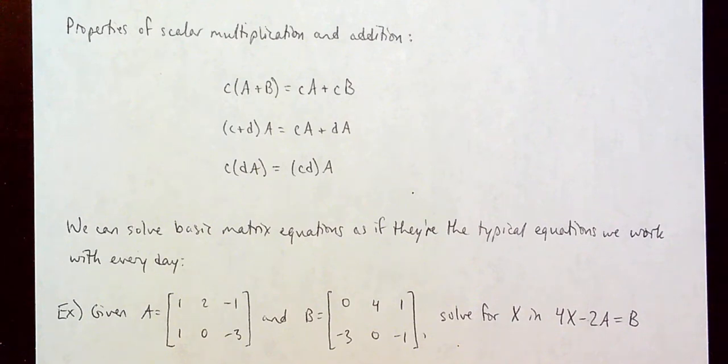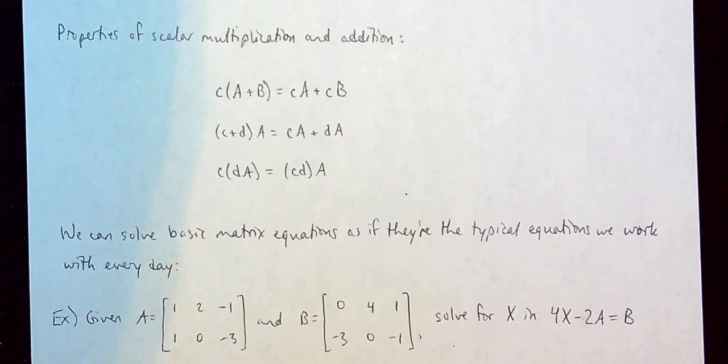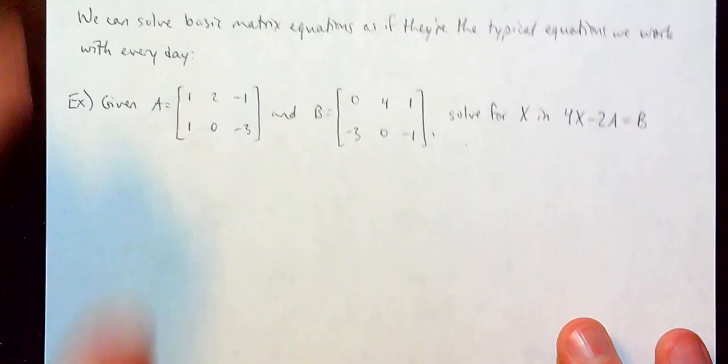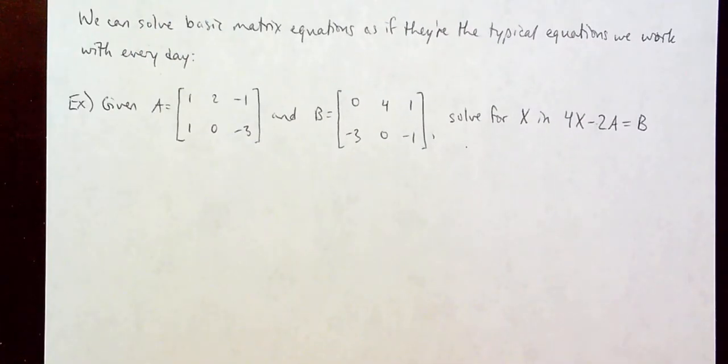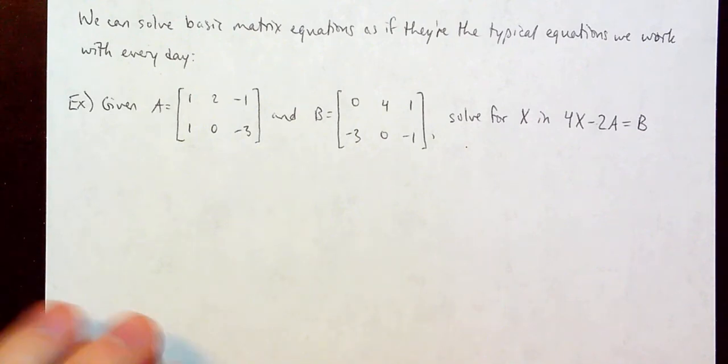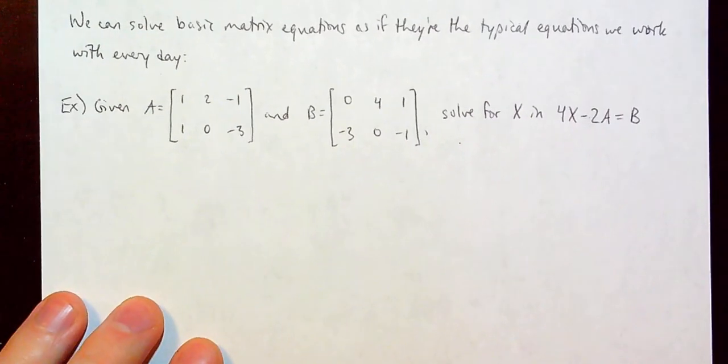Well, we can do the same kind of thing here. We can have a basic equation where we're given a matrix or two, and we are asked to solve for the variable matrix, if you will, capital X. So that's what we're going to see in this sample problem.